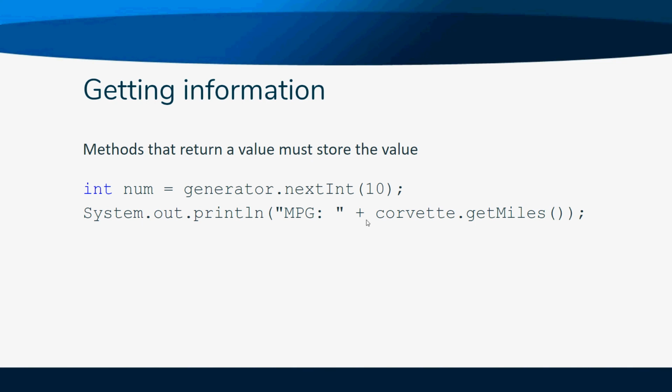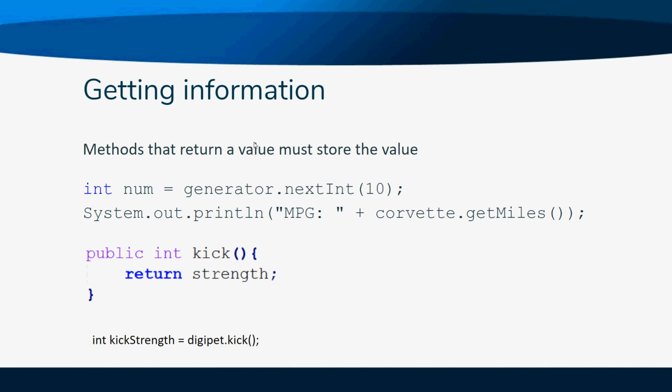Alternatively, you can print it out. So here is Corvette.getMiles. We know it returns a value because it has the keyword get. It's a getter. So we'd have to either store get miles into an int or print it out to the screen as we have here. Here we have a System.out.println. It's going to print out miles per gallon, and then it would print out the miles per gallon of the Corvette.